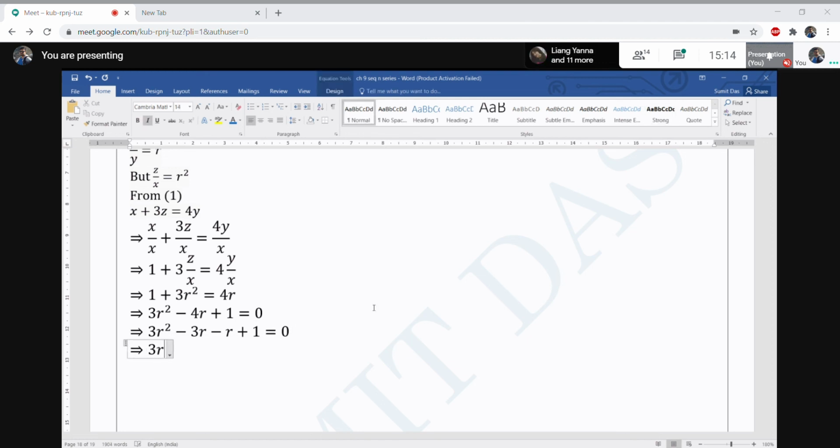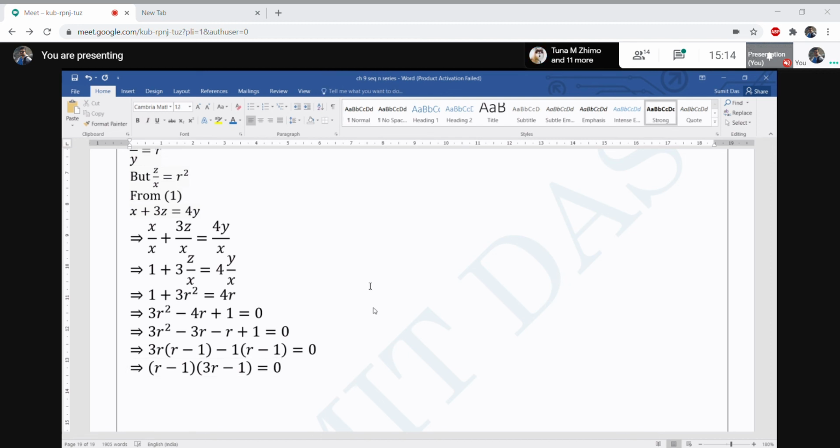3r common, r minus 1, then minus 1 common, so it will be r minus 1 equal to 0. So the next line it will be r minus 1 into 3r minus 1 equal to 0.